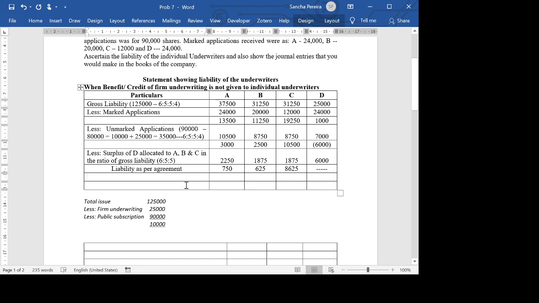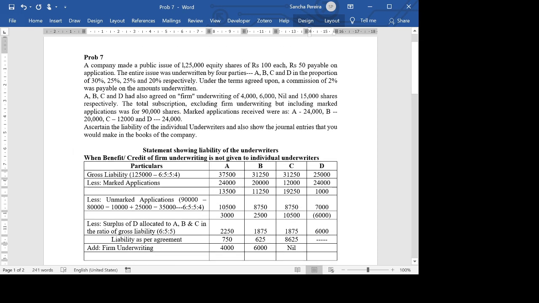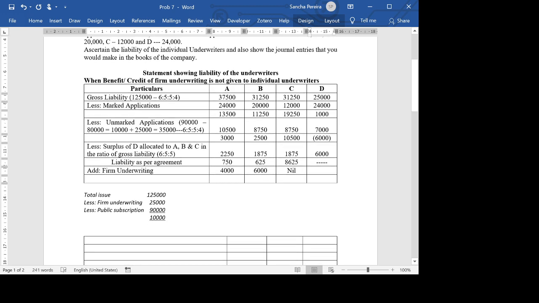Okay. And then we try to find out the total shares to be taken up. So we say add firm underwriting of each one, which will be 4,000, 6,000, nil, because I think C doesn't have anything, and this would be 15,000.